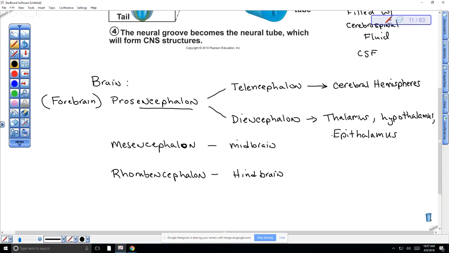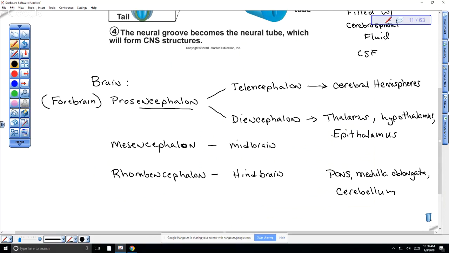The hindbrain includes the pons, which we'll talk about, the medulla oblongata, and it also includes the cerebellum. It's easy to confuse cerebellum with cerebral. The cerebellum is kind of a mini brain that sits back here, and it is part of the hindbrain, not part of the forebrain.